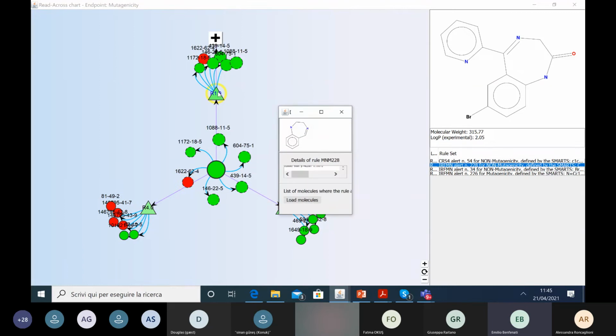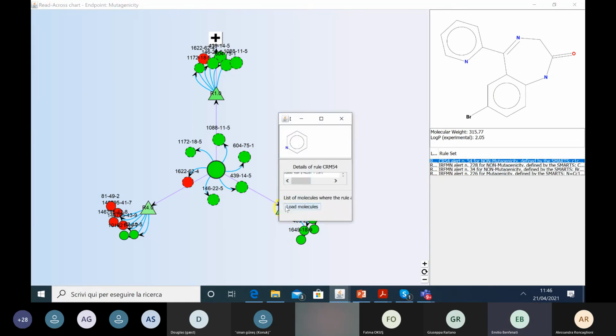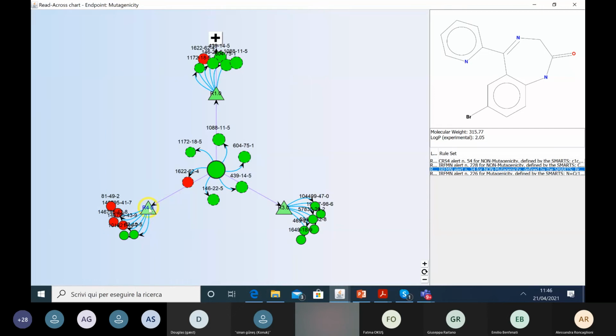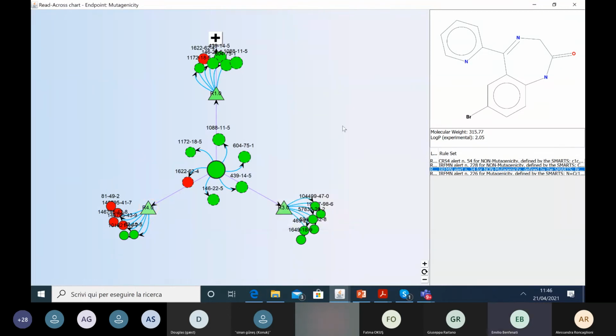The structural alerts, we have structural alerts for lack of toxicity, which basically are this ring, this ring, and the bromobenzene.